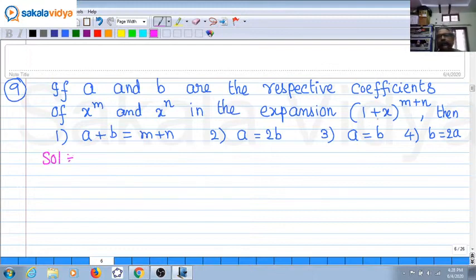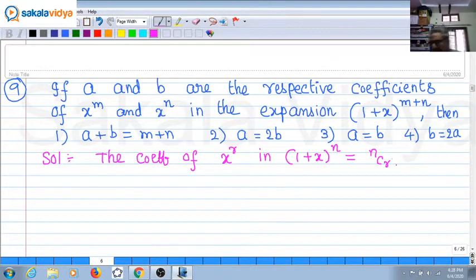This is the standard form (1 plus x) all to the power of n. See, the coefficient of x to the power of r in (1 plus x) all to the power of n equals nCr. That is nothing but the coefficient of T(r plus 1).